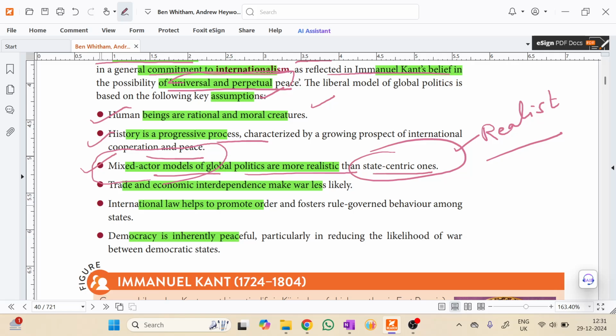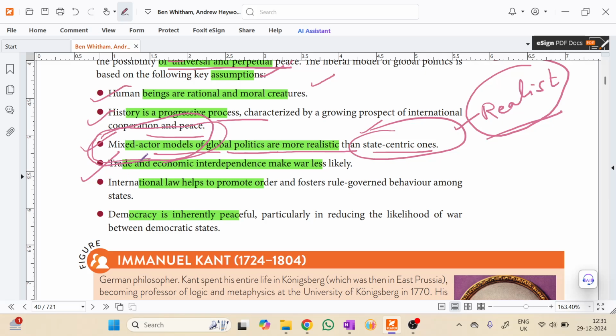So, all in all, the liberalist world is not just run by the realist agenda. They believe the world is run by mixed actors, a multitude of actors, and the complex interaction and interdependence of them balances the world.